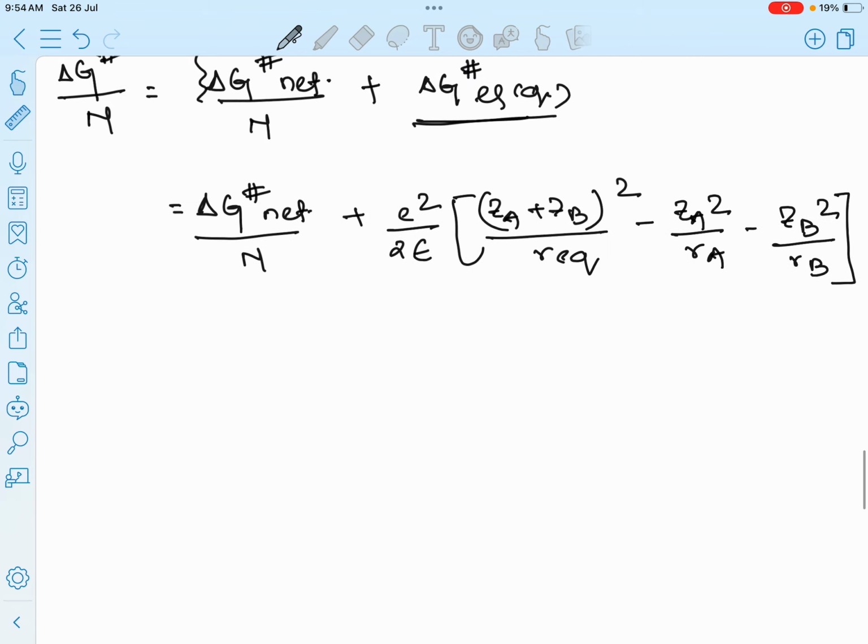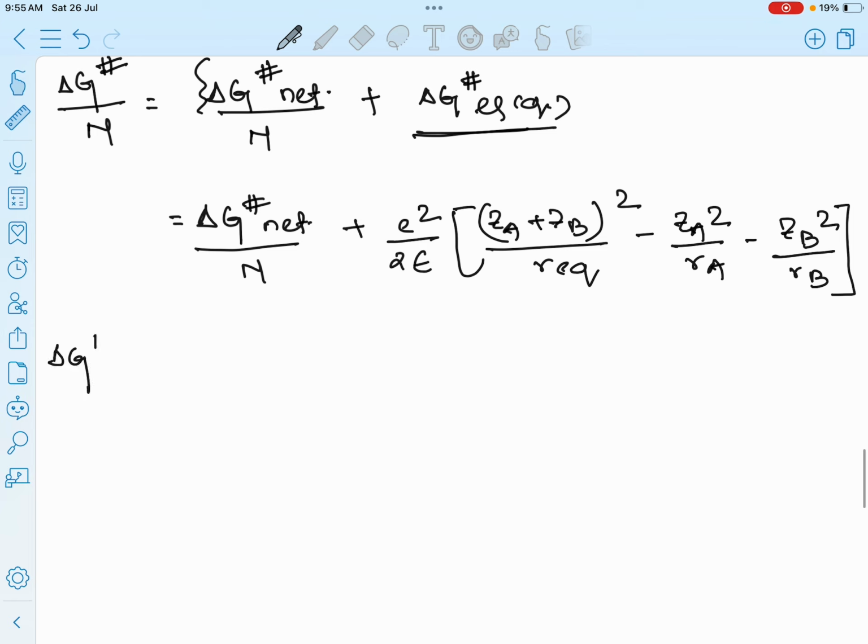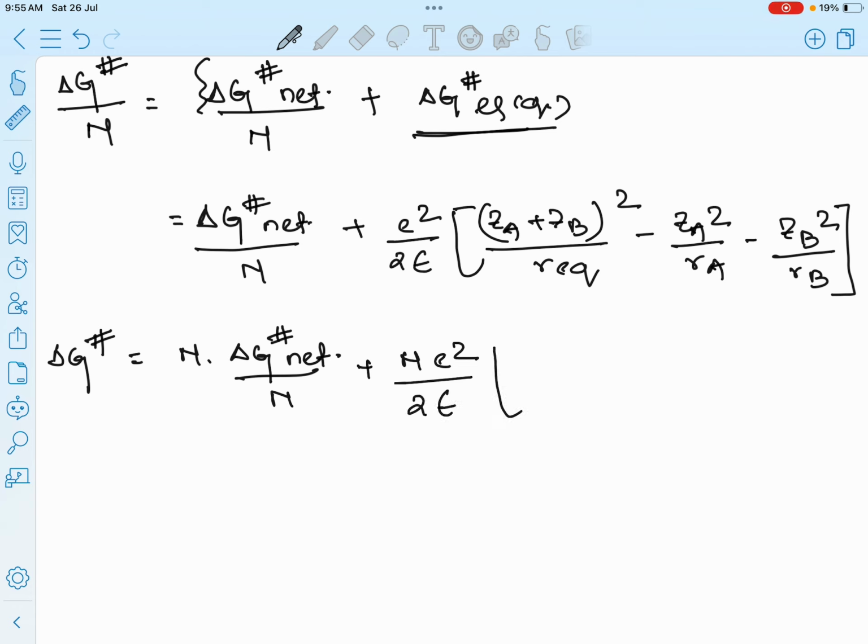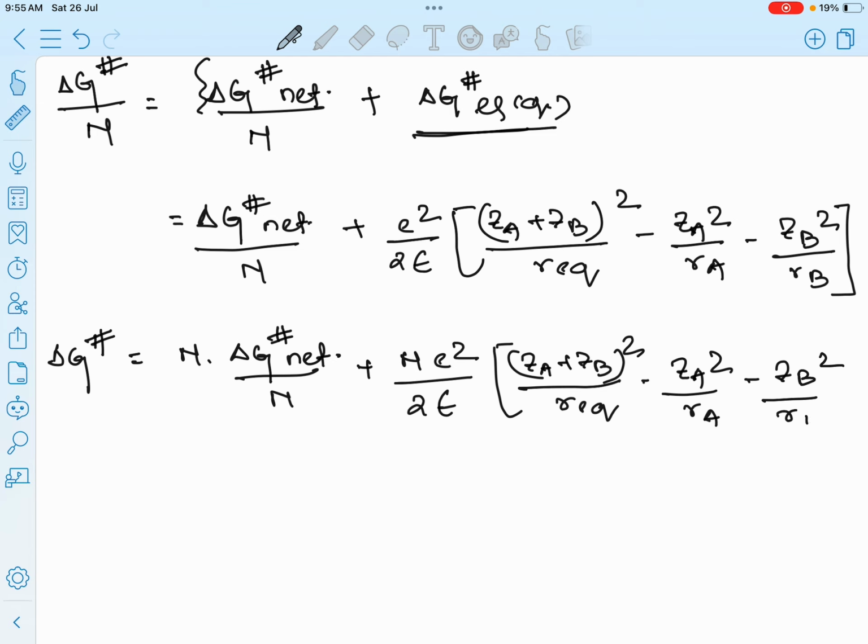Okay, so now if we write the free energy of activation only, this is nothing but delta G non-electrostatic by N plus N square e square by 2 epsilon into ZA plus ZB square by Req minus ZA square by RA minus ZB square by RB.